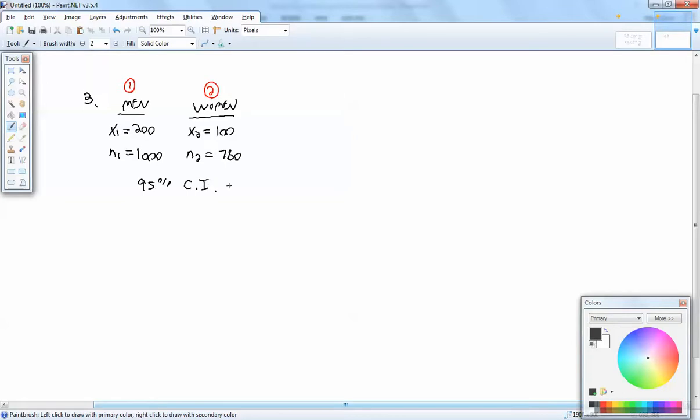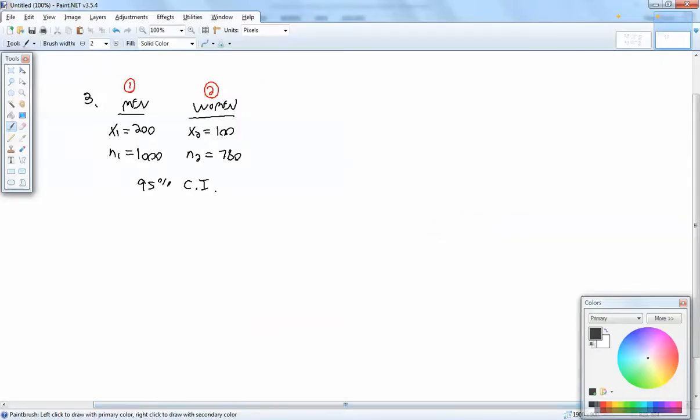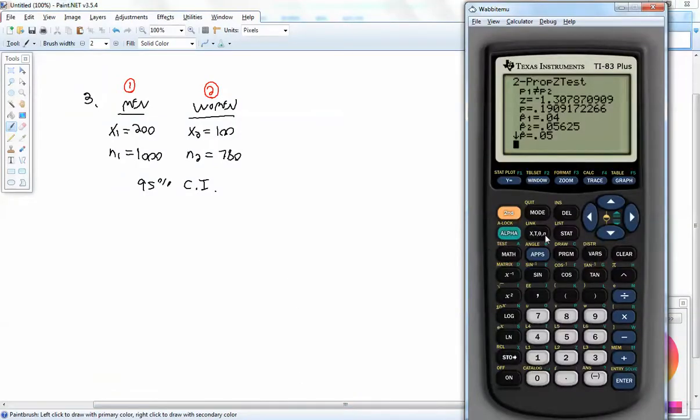Okay, so let's go to our 2-PropZInt, what was it? 2-PropZInt. So I go to my STAT, go over to TESTS, and want to choose 2-PropZInt. Which is there.